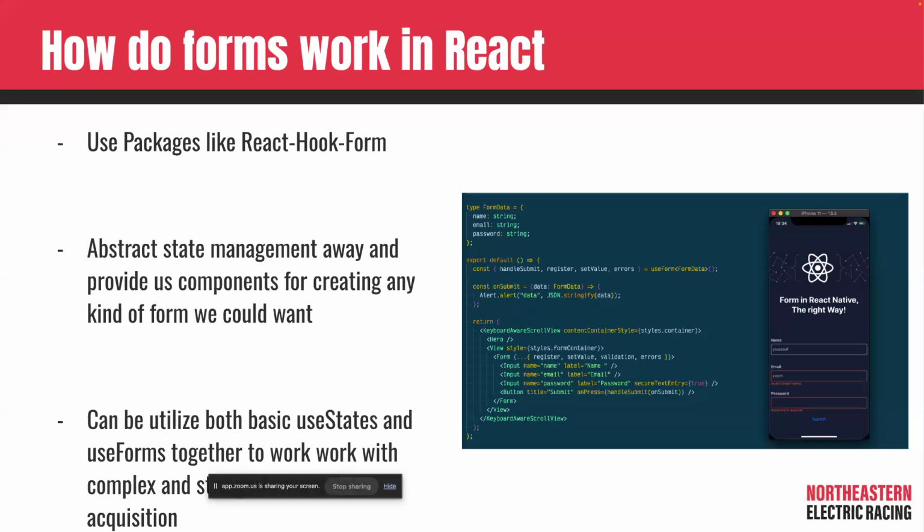Yes, we're destructuring these values out of what useForm returns. So we just have to define what we want to do when we submit it, and we're going to get this data value, which is defined right here. Can you tell me what a type is? What does a type do, and what is the point of it in TypeScript?